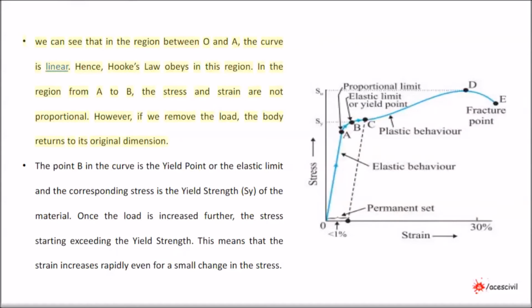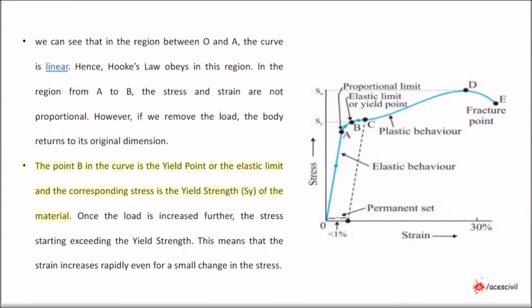We can see that in the region between O and A, the curve is linear. Hence, Hooke's law is obeyed in this region. In the region from A to B, the stress and strain are not proportional. However, if we remove the load, the body returns to its original dimension.